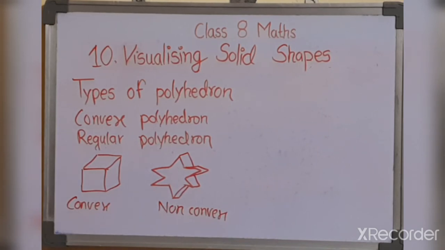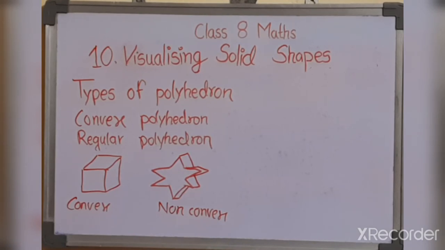So this is the non-convex one. Now let's see what is regular polyhedron. A regular polyhedron is a convex polyhedron whose faces are congruent regular polygon regions such that the same number of faces meet at each vertex. So this is the definition for a regular polyhedron.